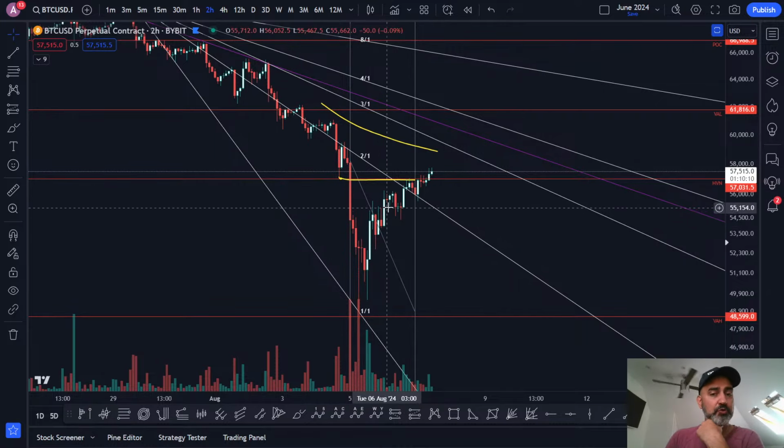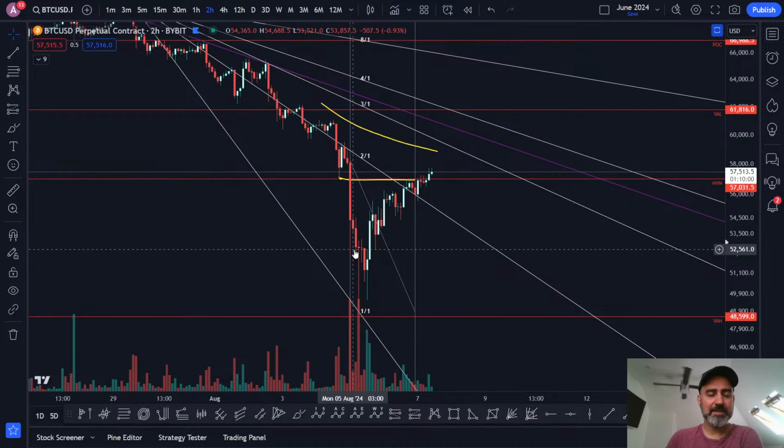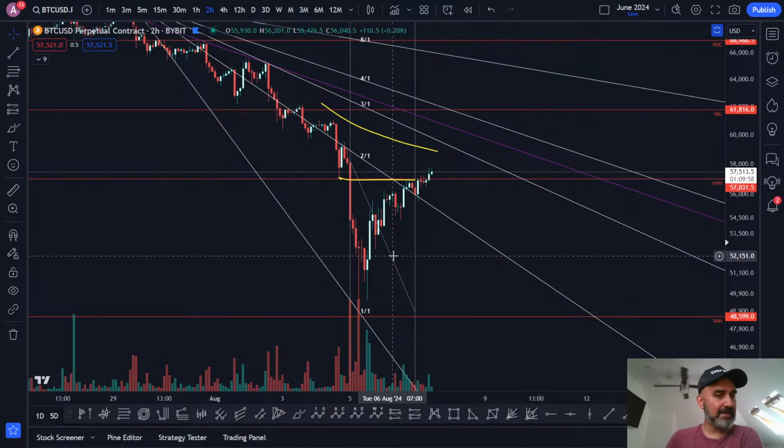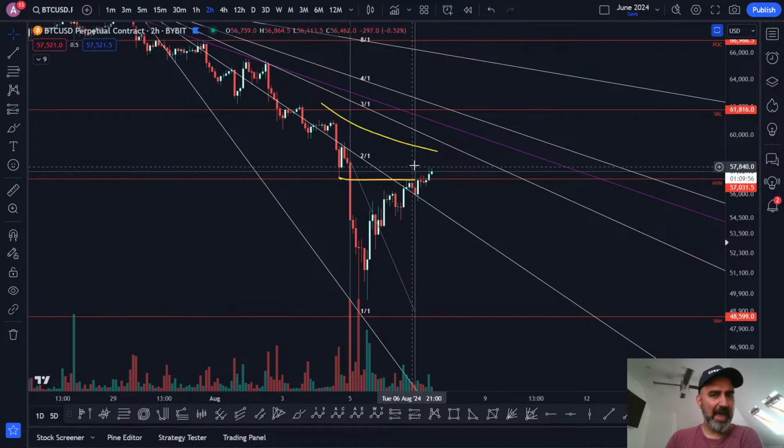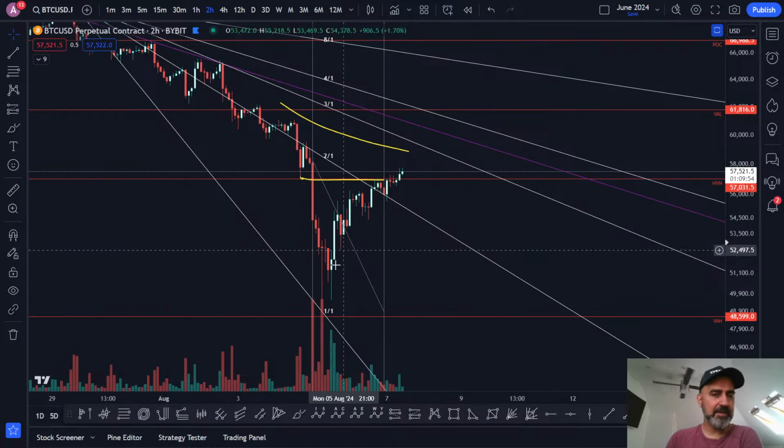Traders are shorting, but only at the highs. The market isn't really selling anymore because they've already sold. It's been dumped, and so the market isn't buying back in an impulsive way at the moment.